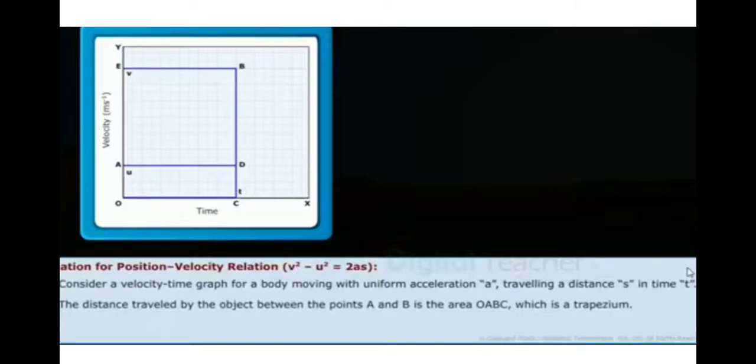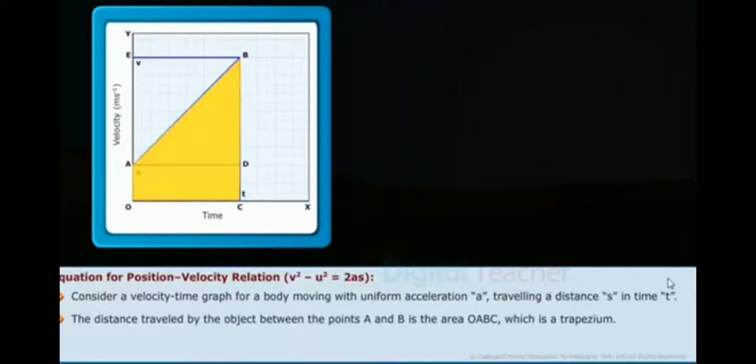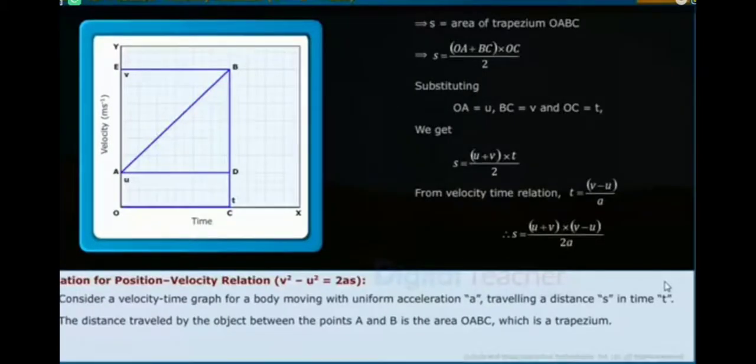That implies s is equal to area of the trapezium OABC, which is equal to OA plus BC into OC divided by 2. Substituting OA is equal to u, BC is equal to v, and OC is equal to t, we get s is equal to u plus v into t divided by 2.